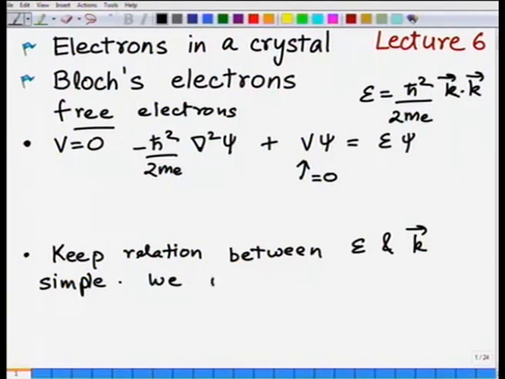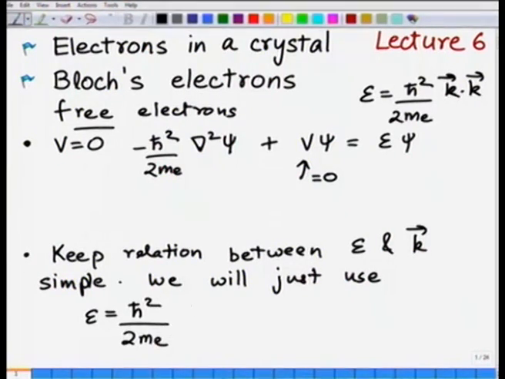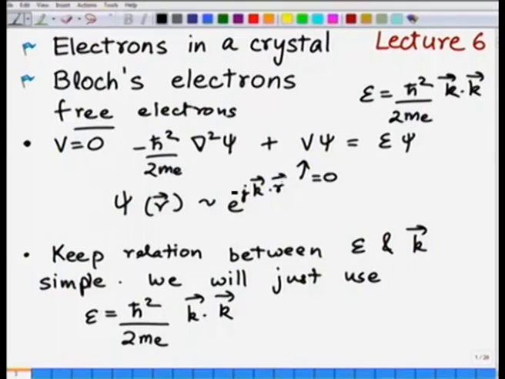We will just use the result of free electron theory, that is E equal to h square by 2m times small k dot small k, which is the wave vector. And in this case the solution we got was phi of position equal to e to the power minus j k dot r. That was the form of the solution we got. So we will continue to use that as the solution.